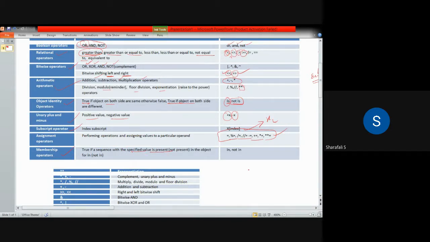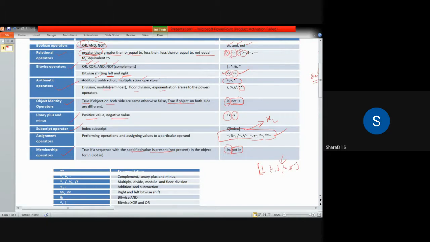Okay, if you have a sequence, for example 1 2 3 4 5, and you use the in operation, you can check whether that specified value is in this sequence. If it is there, it will give you true. If it is not there, it will give you false.